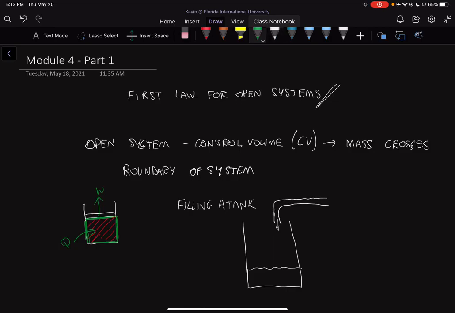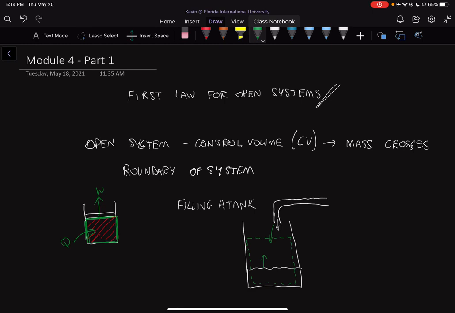And if our control volume looks something like this, we now have some mass entering the system and increasing the level of this water. So that would be an example of an open system.